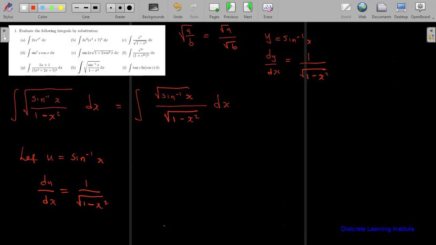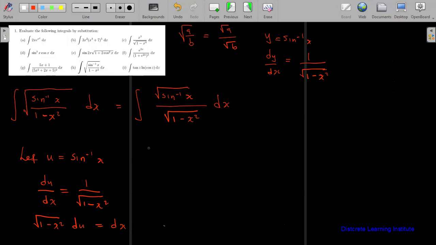Making dx the subject, if you cross multiply, you have the root of 1 minus x squared times du, and 1 times dx is just dx. So dx is equal to the root of 1 minus x squared du.